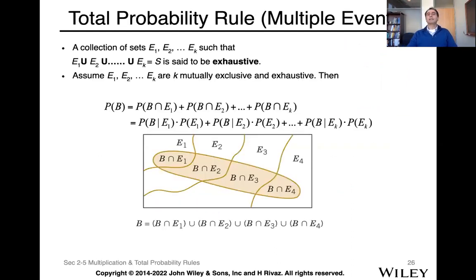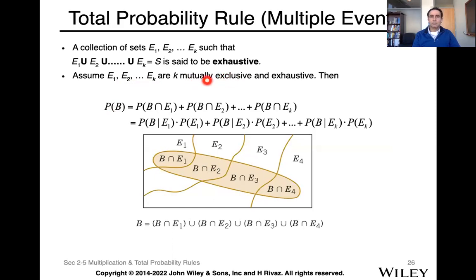All right. And we can extend that to many, many sets, right? So here, to calculate probability of B, we might be forced to calculate probability of B intersection event 1 plus probability of B intersection event 2 and so forth, right? But remember, it's important that these events, E1 to EK, are mutually exclusive, right?